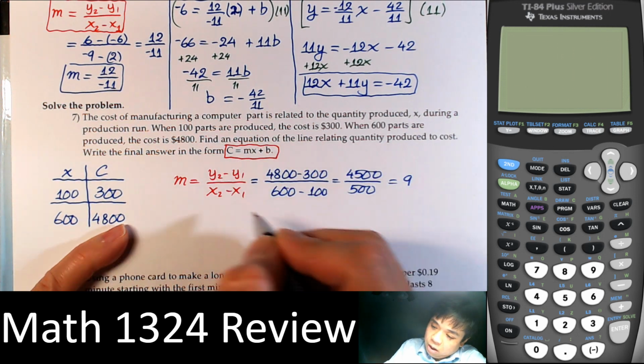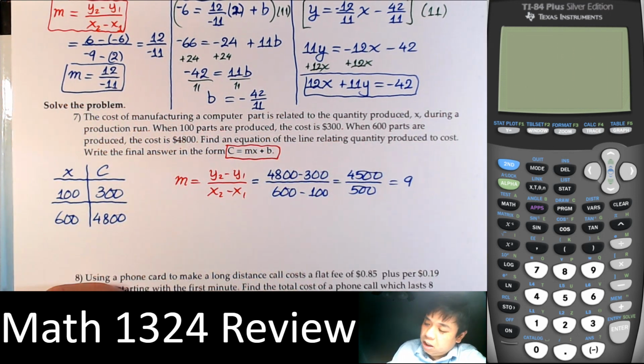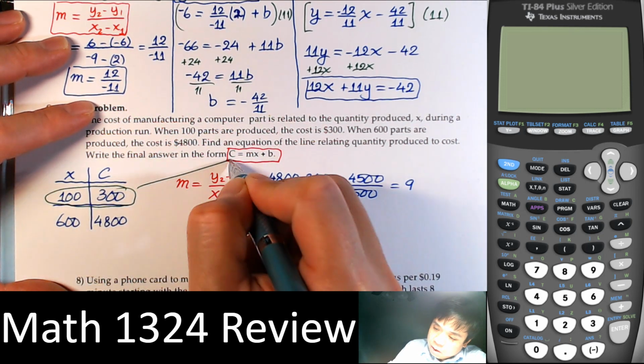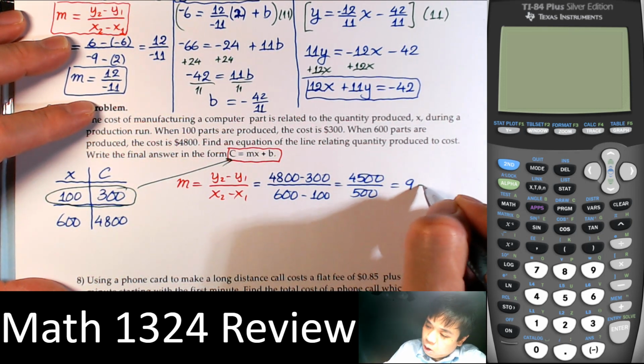Now we have the equation C equal to mx plus b, and we use this point. I'll substitute that along with the slope, which is 9.